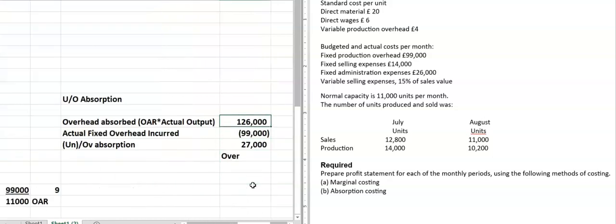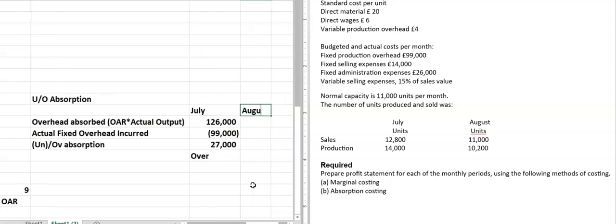Now you have to again calculate the under or over absorption, this time for the month of August. Overhead absorbed: OAR is 9, the same OAR that you are going to use here, into actual output. Actual output is 10,200 units, that is the production during the month of August.